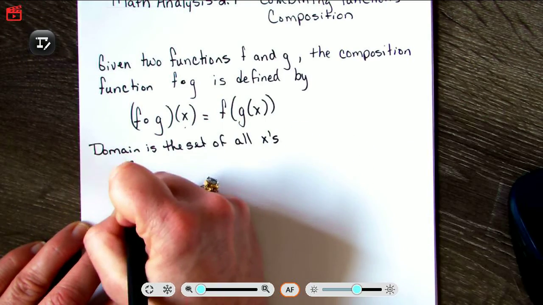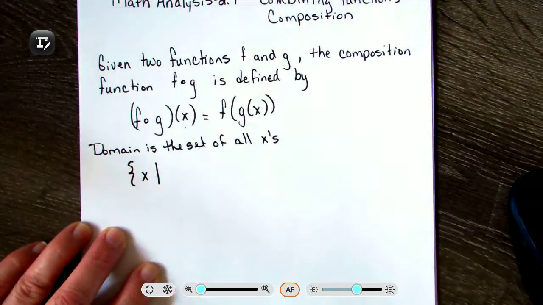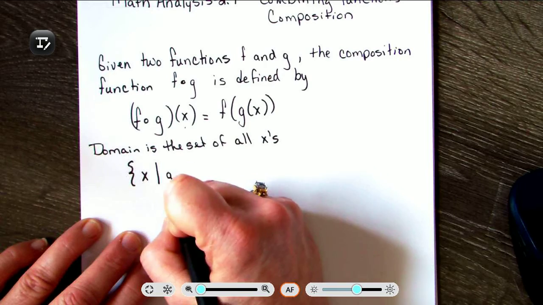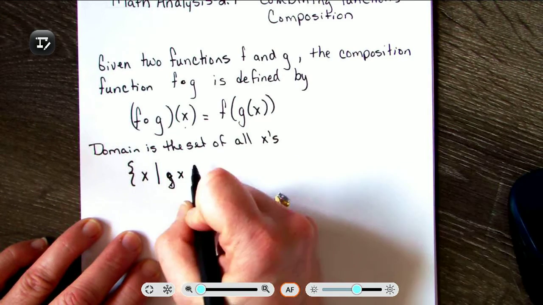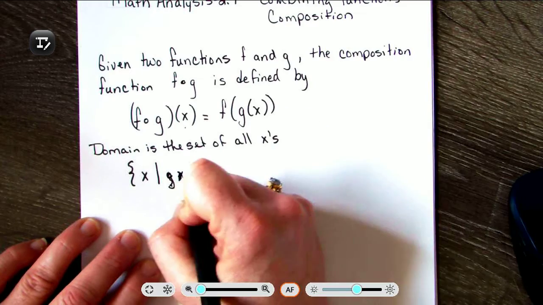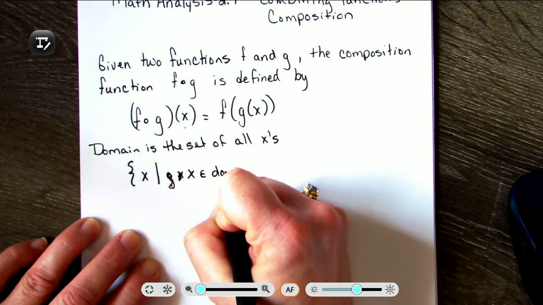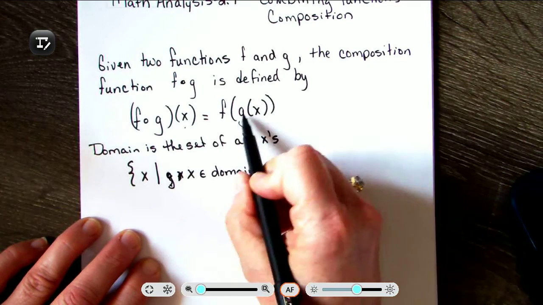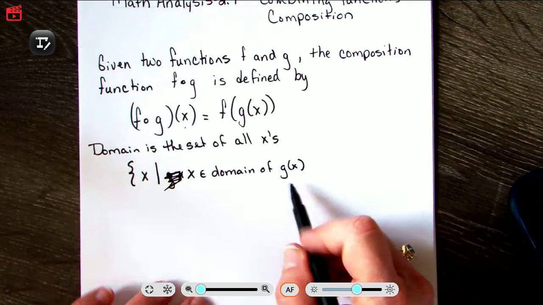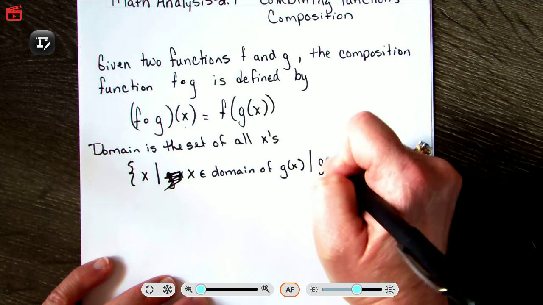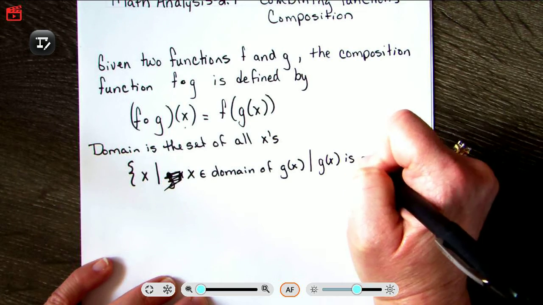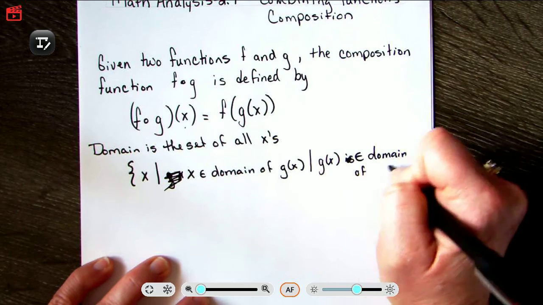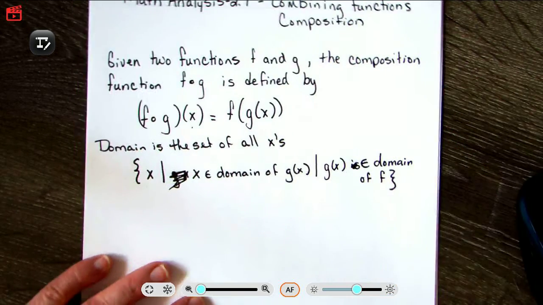Well, I should write it this way, the set of all x's such that x is an element of the domain of g, because we have to be able to calculate g of x first, such that g of x is an element of the domain of f. Like I said, it's kind of complicated.